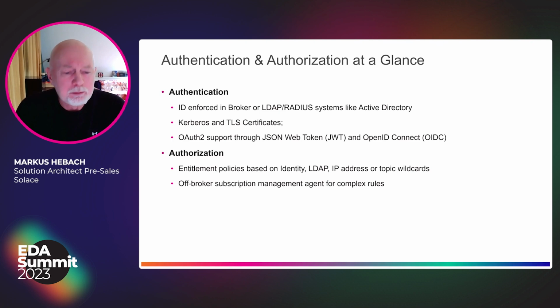So the authorization is always done by entitlement of the policies based on the identity retrieved from the authentication. You could also use LDAP, IP address, topic wildcards, or other things to find the rights or the authorization for that specific entity which is connecting.